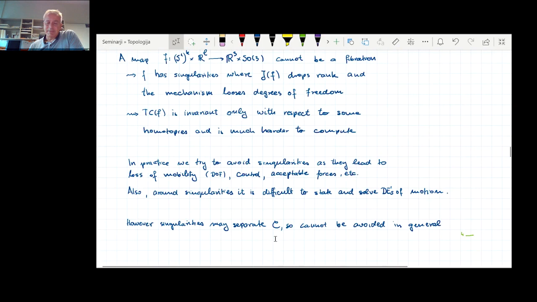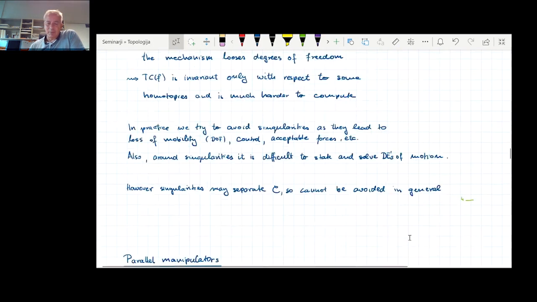Actually, this happens almost always if you have a non-redundant machine. So this problem cannot be avoided in general because sometimes your path must pass through singular configurations, and that's a problem. This was essentially studied in the paper that I mentioned before and in some later papers.